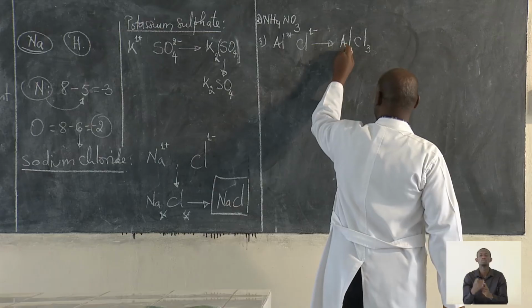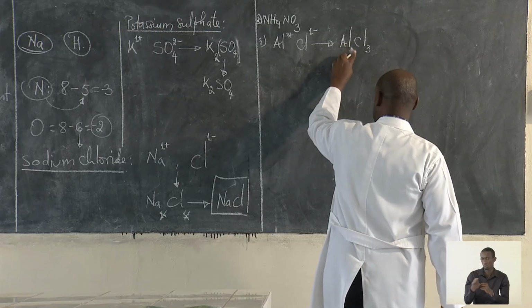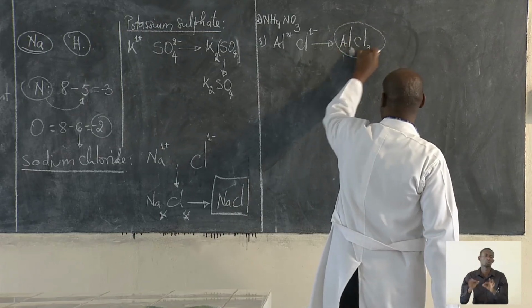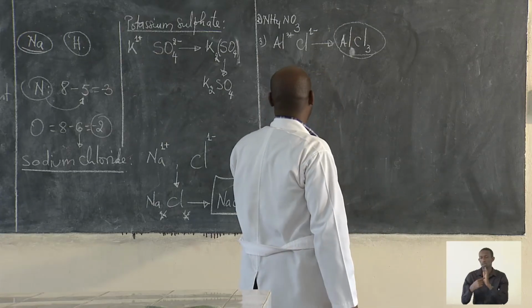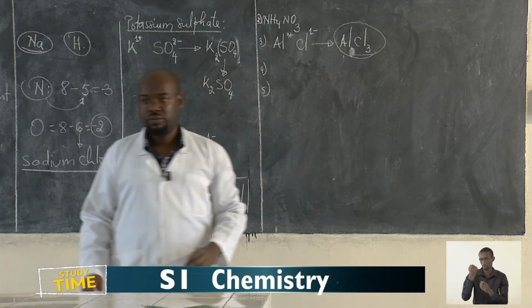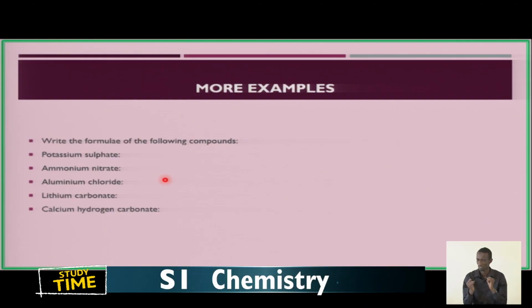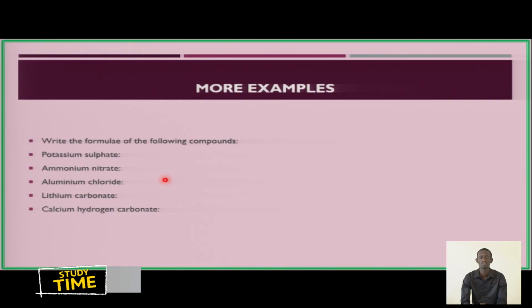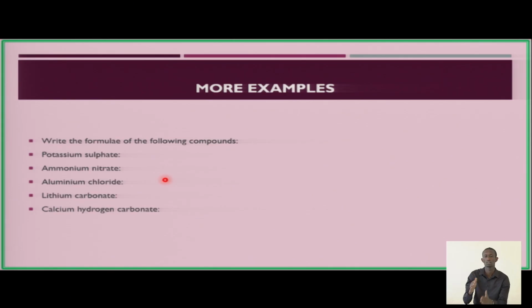We said when it is 1, there is no need of writing it. So this is the molecular formula of aluminium chloride. Number 4 and number 5, you will try them: lithium carbonate and calcium hydrogen carbonate.